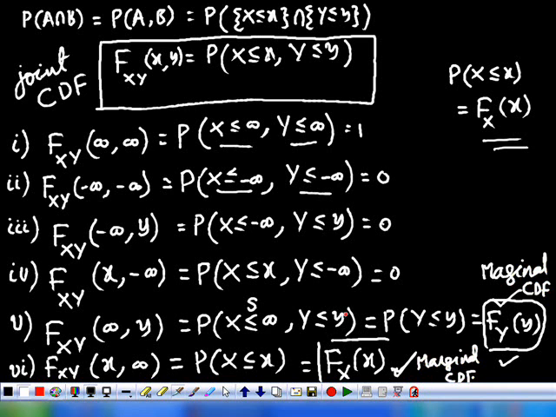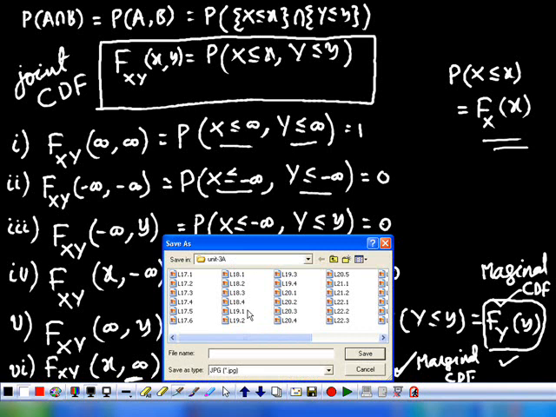One is the marginal CDF of y, another is the marginal CDF of x. That is, we derive the CDF from the joint CDF, then the corresponding CDF is called the marginal CDF in case of both x and y. Is it clear? All these statements are the properties of the joint cumulative distribution function.